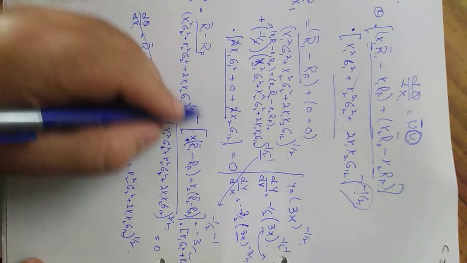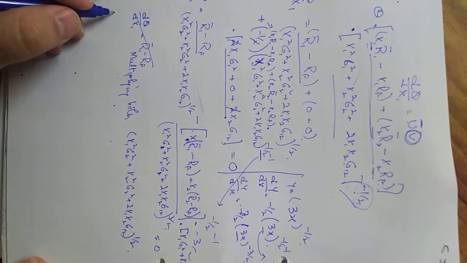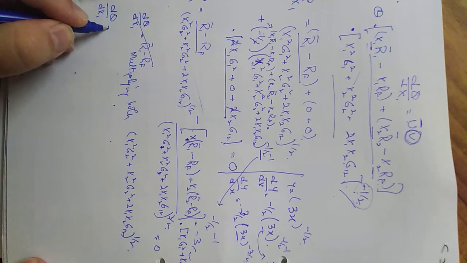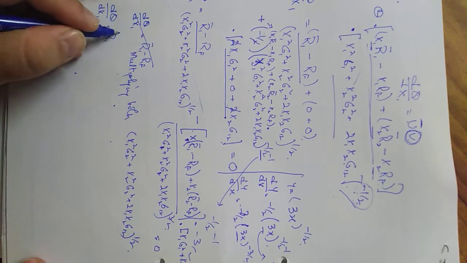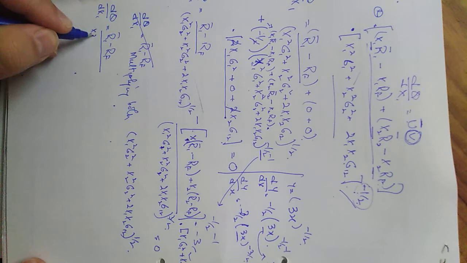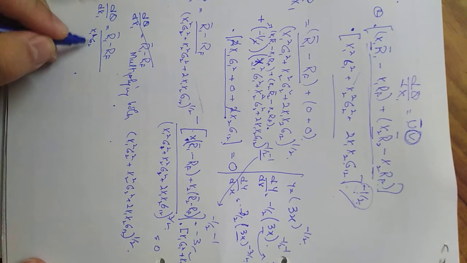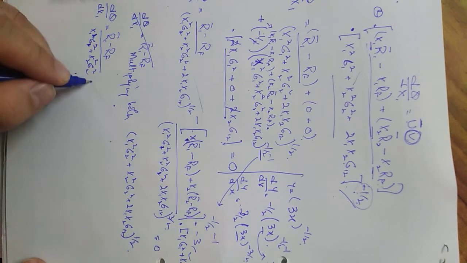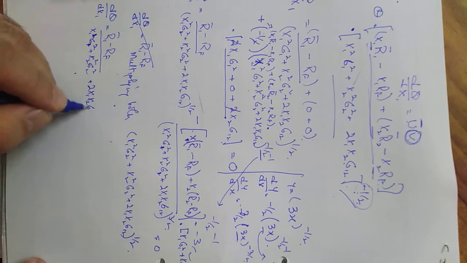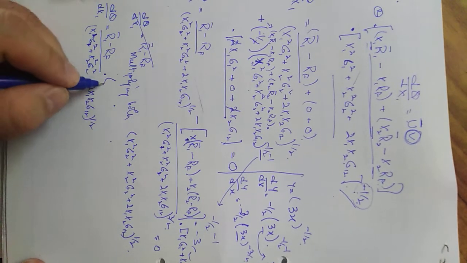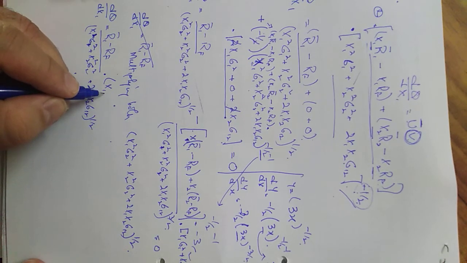So what happens? This gets cancelled. I'll check if it's coming in. Yes, it's coming in. x1 (r1 bar minus rf) over x1, and now I'm multiplying both sides, the whole equation, by this.